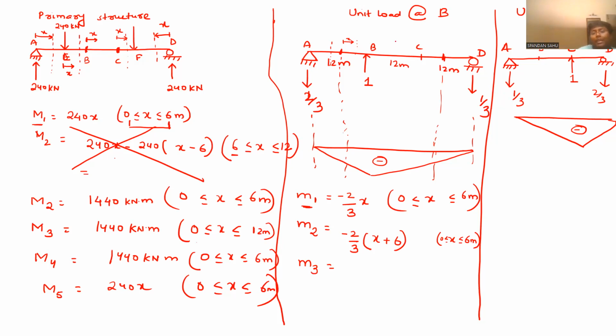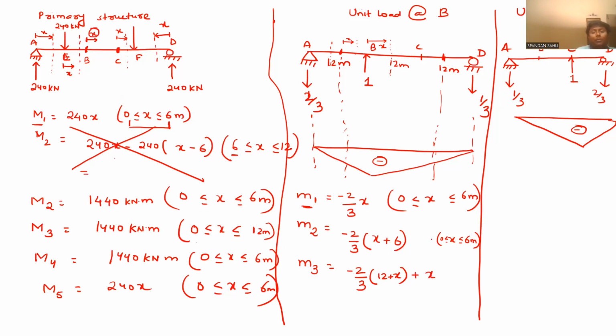Similarly, tell me for M3, where your section is between B and C, and your X you are taking from B, because here also you have taken your X from B. Tell me M3. Minus 2/3 into 12 plus x.